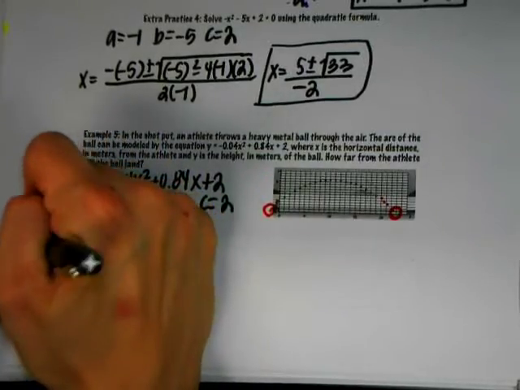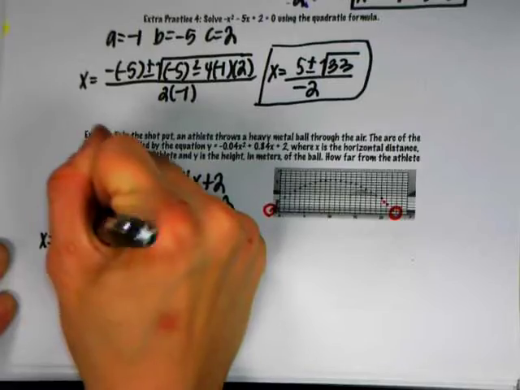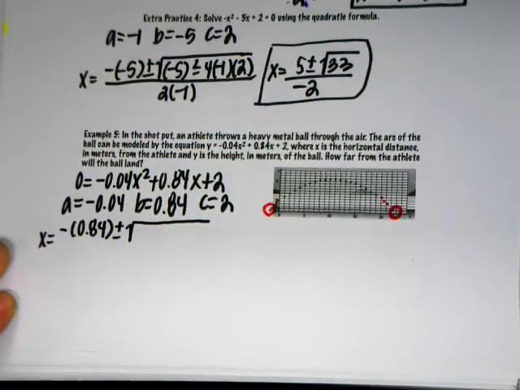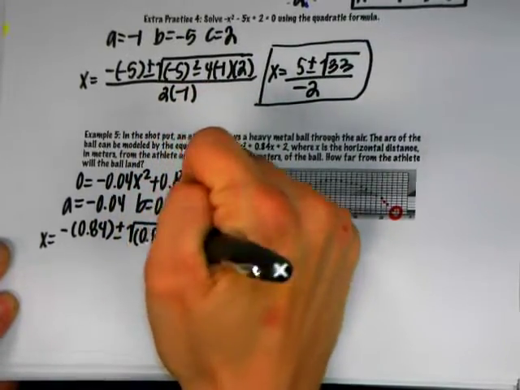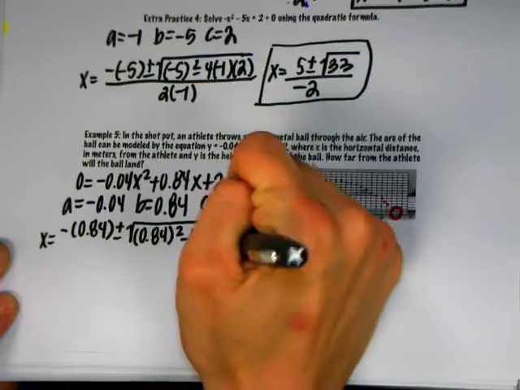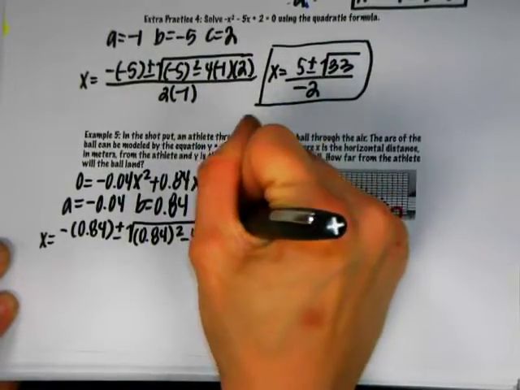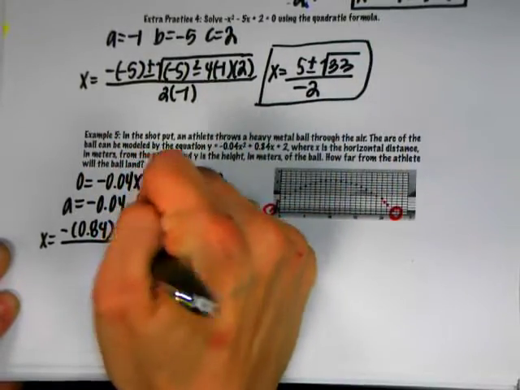All right, so x equals -b plus or minus the square root of b squared minus 4 times a times c, all over 2a.